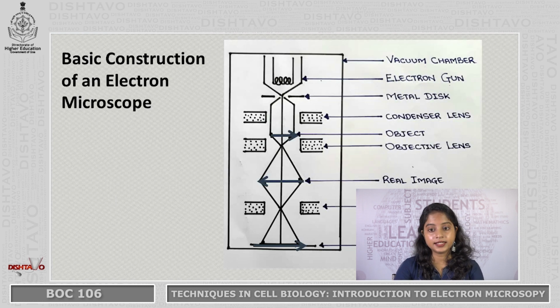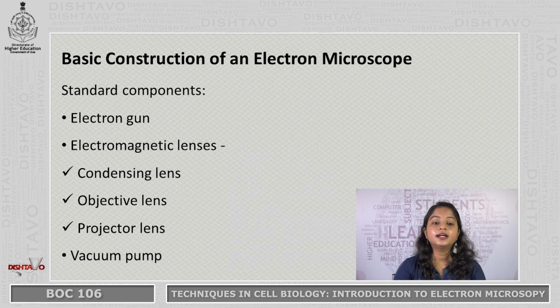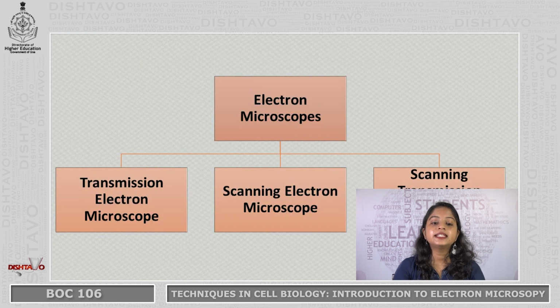This is a diagram of the basic construction of an electron microscope. The electron gun is a heated tungsten filament. There are basically types of electron microscopes: transmission electron microscope and scanning electron microscope.